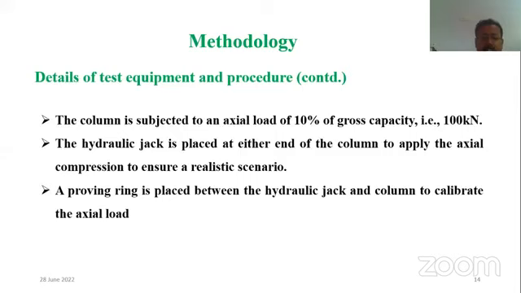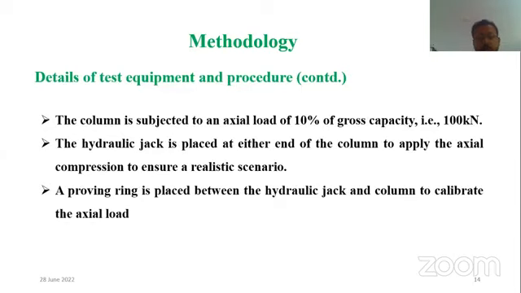Next, the column is subjected to 10% gross load, that is 100 kilonewton, to explain the realistic scenario. In reality, by default the column is subjected to axial load. When the axial load is applied to the column, it increases the load carrying capacity of the column.